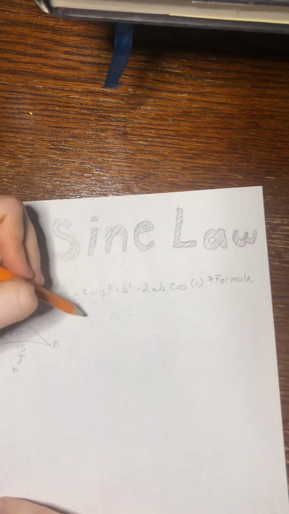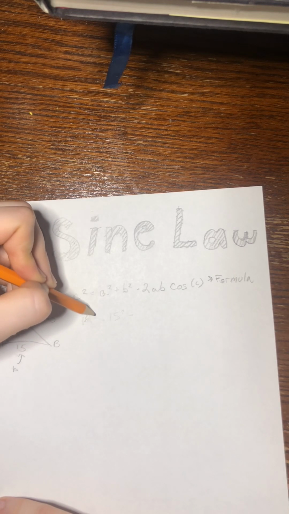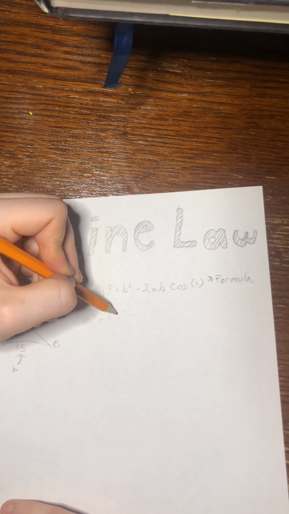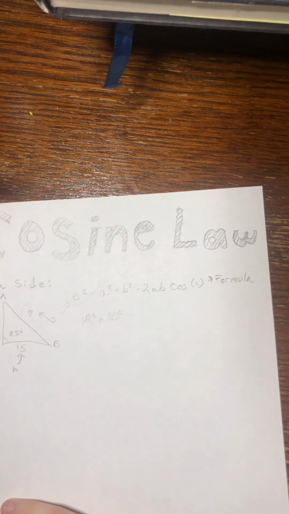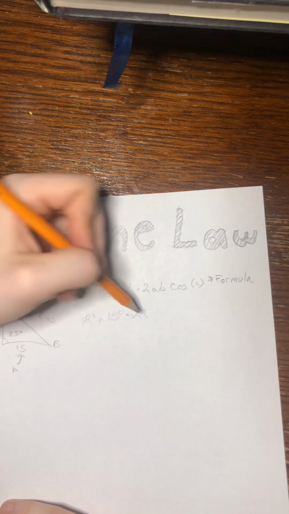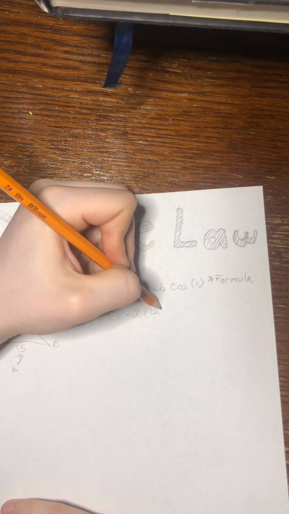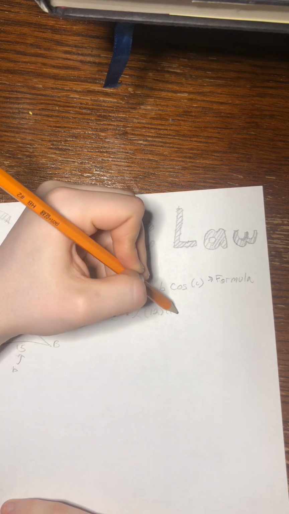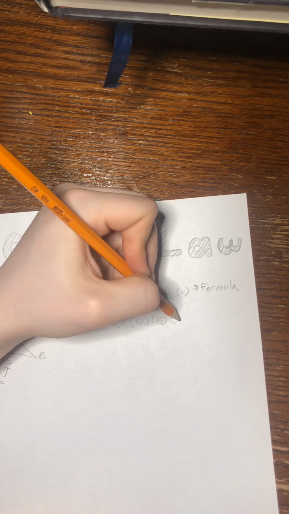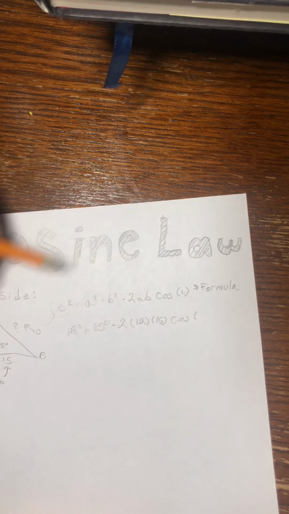To write that out, you would have 12 to the power of 2 and 15 to the power of 2 minus 2 in brackets 12 and 15 times the cos of C.